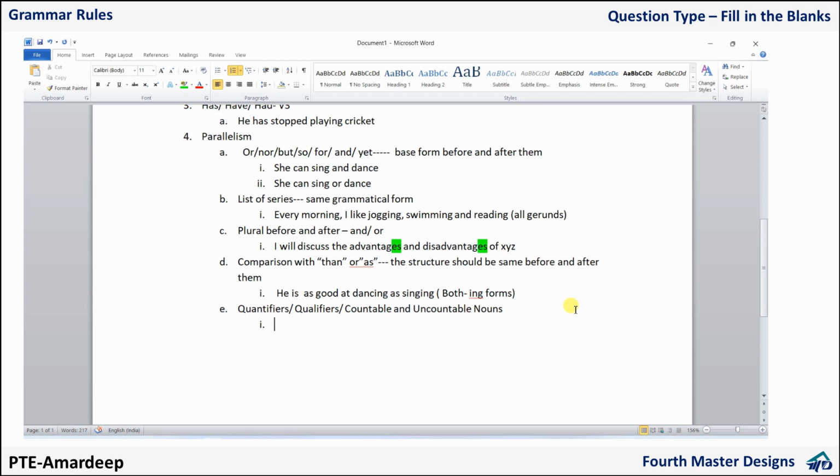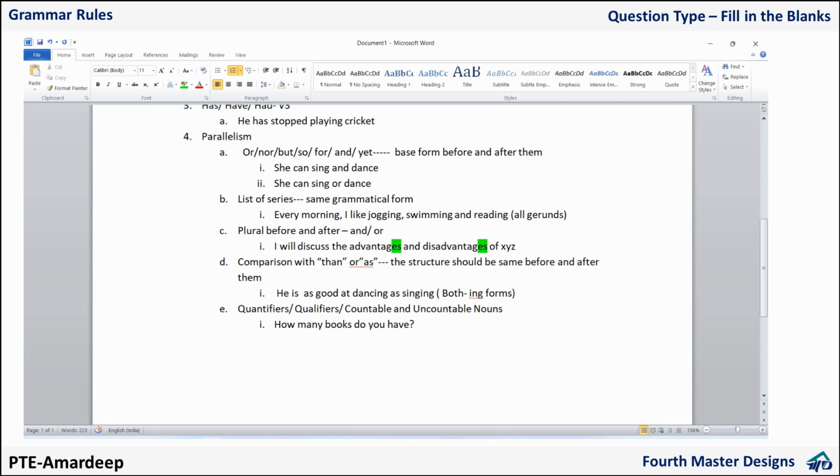So what is the rule? The basic rule is, for example, let's say, how many books do you have? So what is the word here? Many. If it is many, then it has to be books.